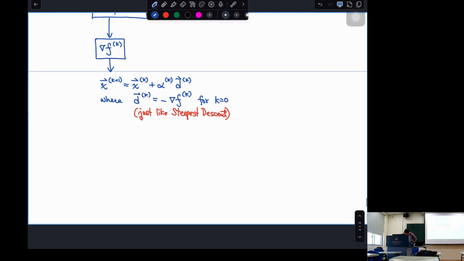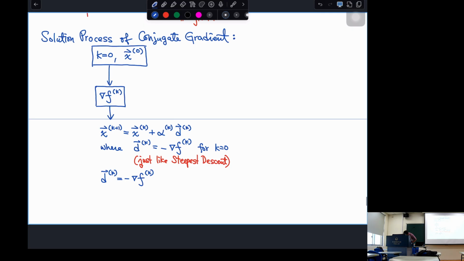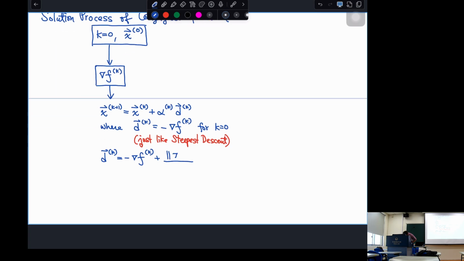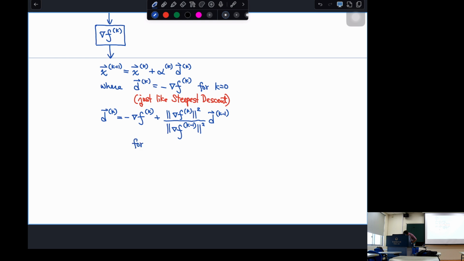And then your dk equals negative gradient fk, plus the length square of gradient fk over the length square of gradient f k minus 1, the previous one, times dk minus 1, for k greater than 0.